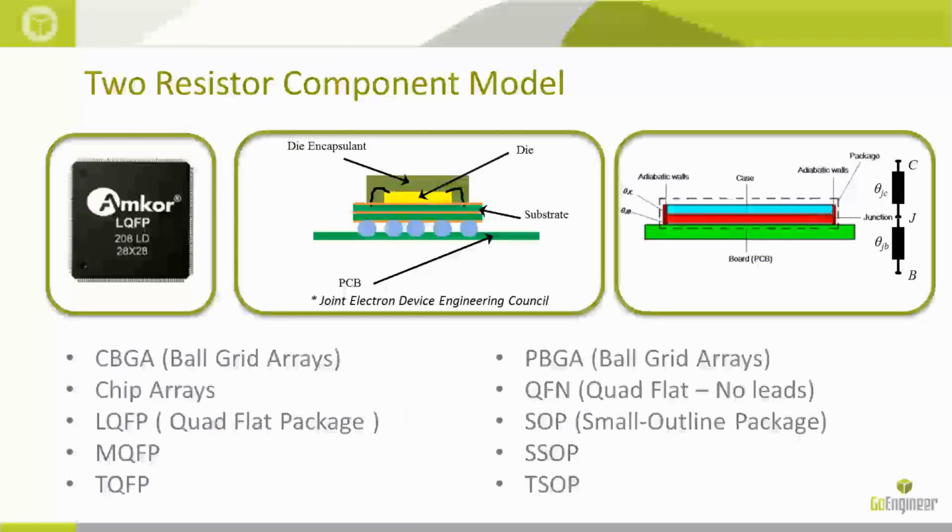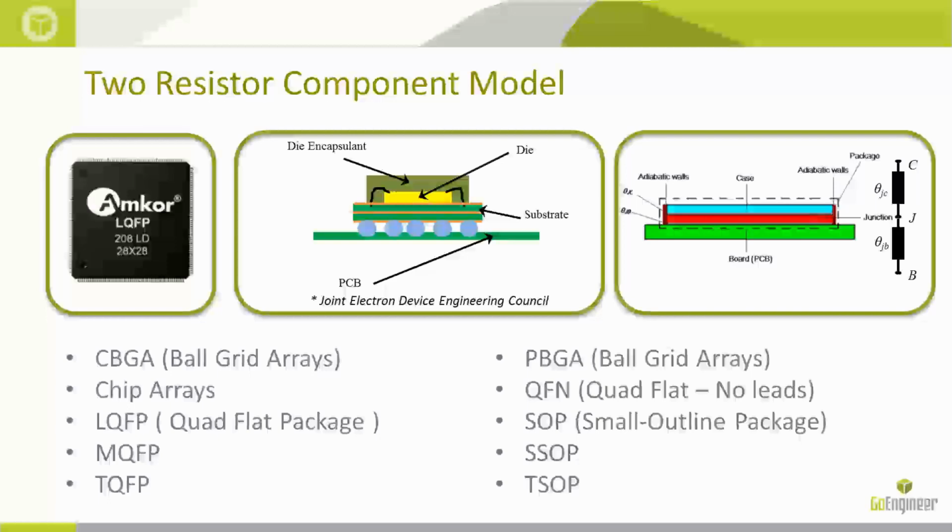So the 2 resistor component. First off, these are typically very complex, and it gets relatively hard to simulate the effects of this. So the Joint Electron Device Engineering Council, or the JEDEC standard, was developed a few years ago, where you create a much more simplified model with just 2 rectangles, and you specify the resistance of the chip, the junction, and the board.